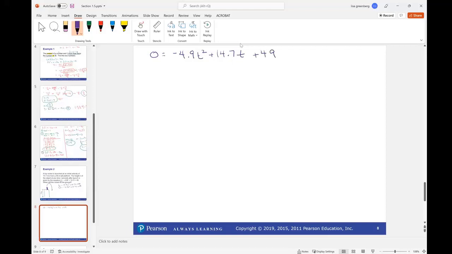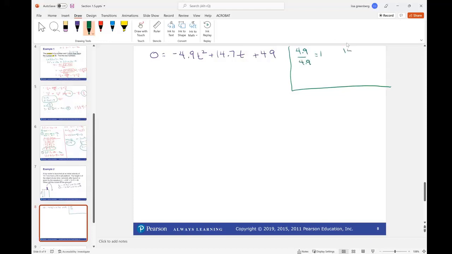And I could see if there's a greatest common factor, and I actually believe there is. So if you were to divide all of the numbers by 4.9, let's do it over here. And if you don't notice this, just use the quadratic formula. If you take 4.9 and divide it by 4.9, you get 1.